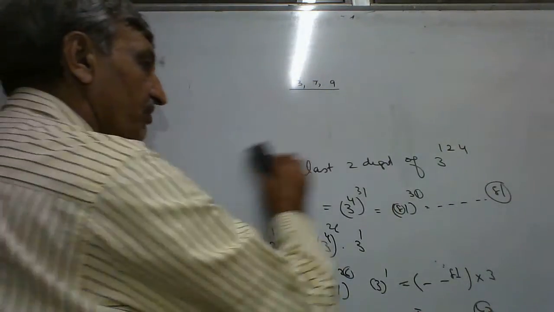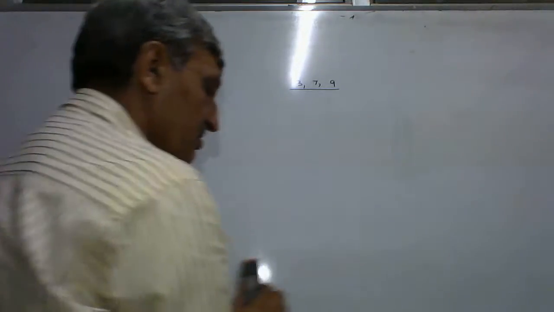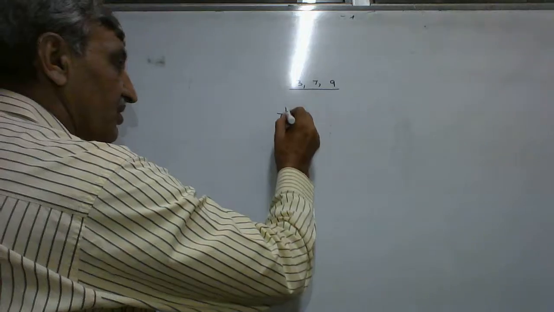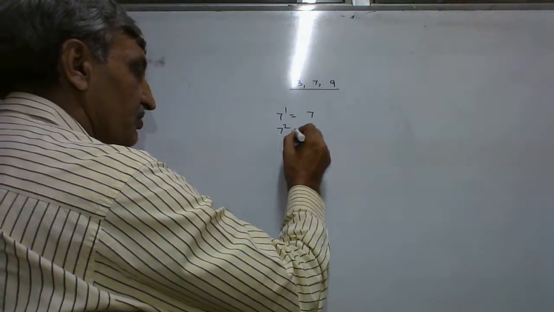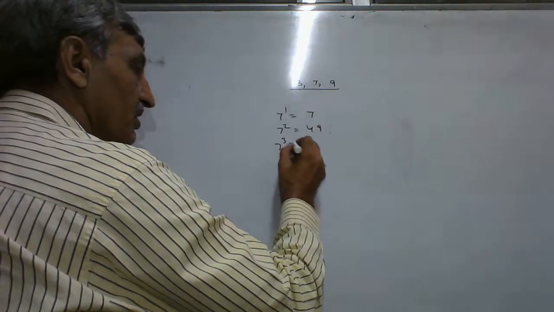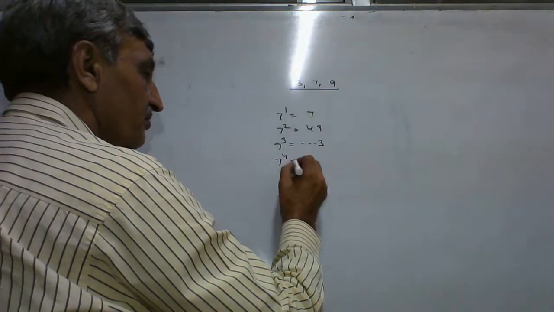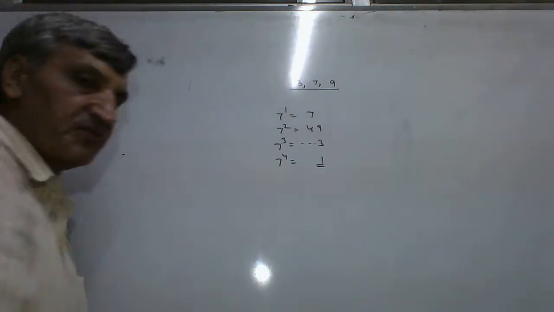Let's take the case of 7. 7 raised to the power something. Now suppose I have 7, what is the cycle of 7? 7 raised to the power 2 is 49, 7 raised to the power 3 is 343, 7 raised to the power 4 is 2401, ending in 01. Then 7 raised to the power 5 follows.